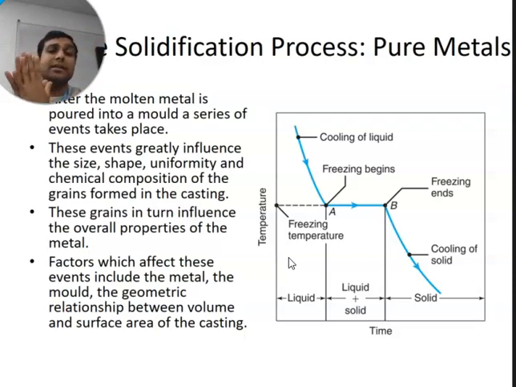Now that solid metal is still hot. So over a period of time, the solid block of cast iron is not going to solidify, it is going to cool down. Hence, you see the curve from B all the way down. From A to B, depending on the shape and the size, if it's a big massive component with a lot of molten metal, the line from A to B is going to be long and the time it takes will be massive.